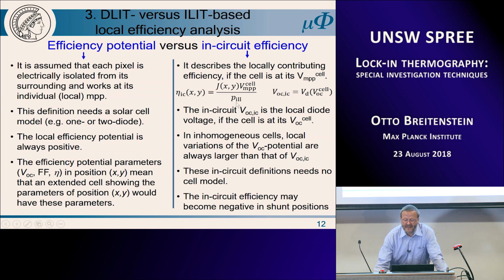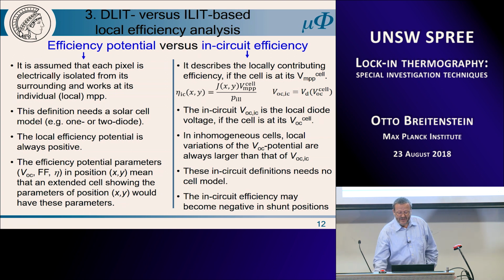And so here the in-circuit VOC is actually the local diode voltage if the cell is at its VOC. So as I have written here, in inhomogeneous cells, local variations of the VOC potential are always much larger than that of VOC. I will demonstrate it below.